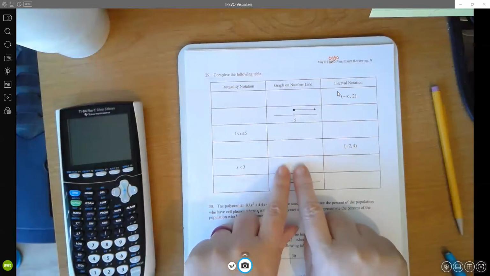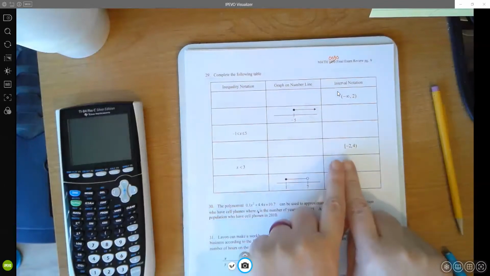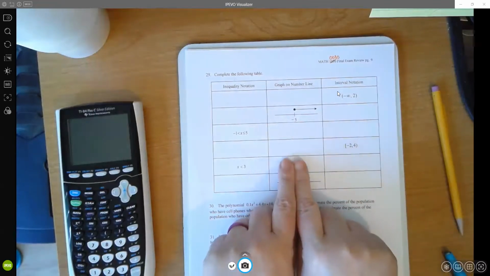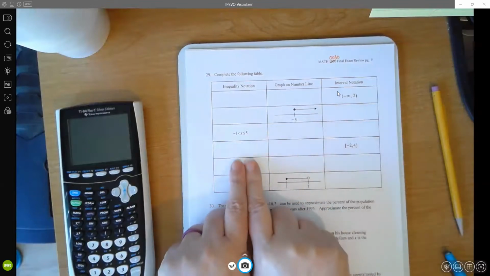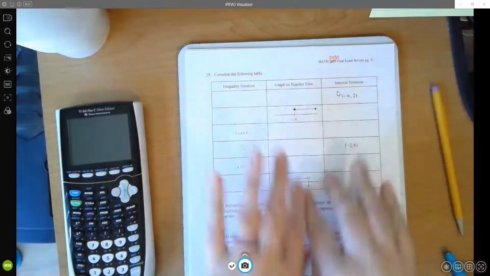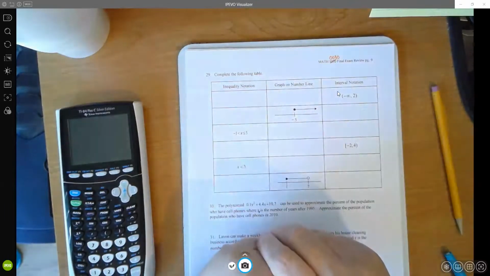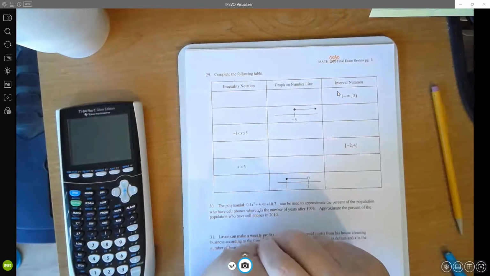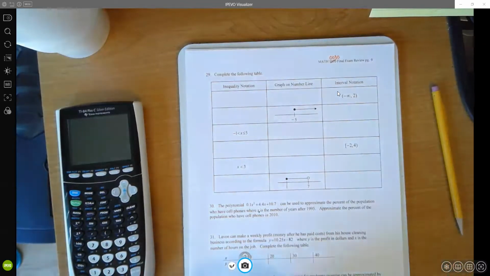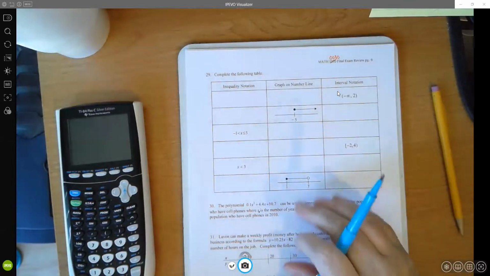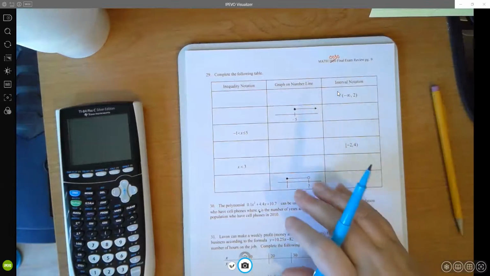The number line is my key, and my interval notation is immediately transferred to the number line before I try to go to inequality notation. So the picture is the key. It's that old phrase, a picture is worth 1,000 words, and I really mean it here, because I can show you in a picture a lot more than I can tell you in words.